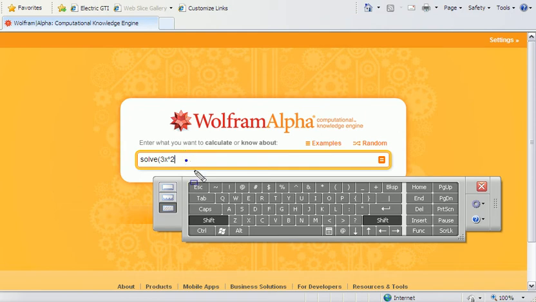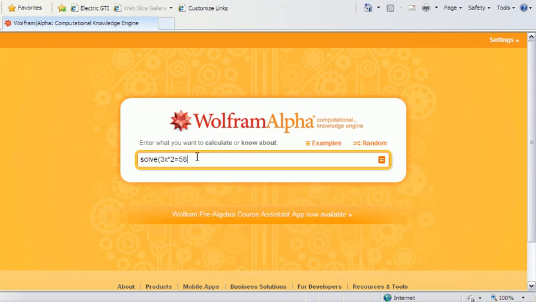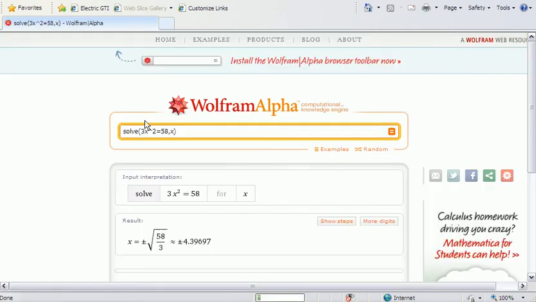Let's try this again. 3x to the second equals 58. Solve that for x. So tell me when that happens. Oh, and I'm sorry, I had 3x squared plus 1. 3x squared plus 1 equals 58.